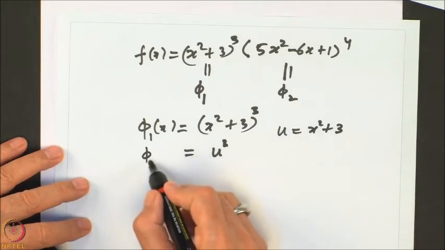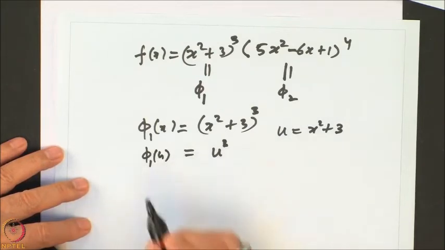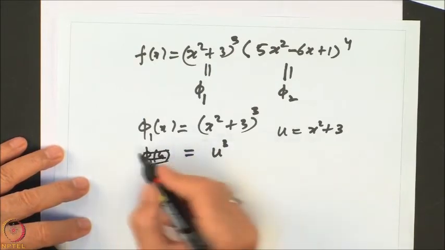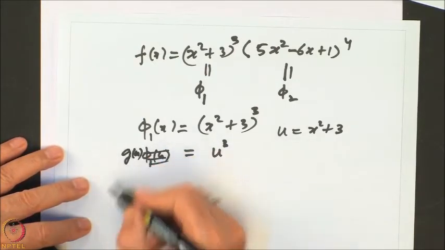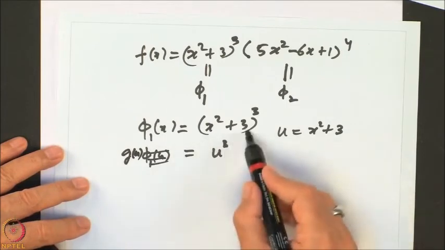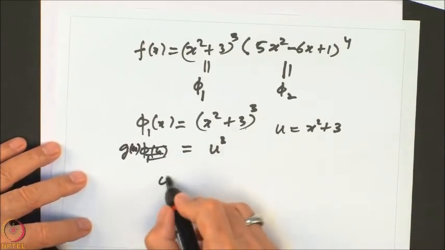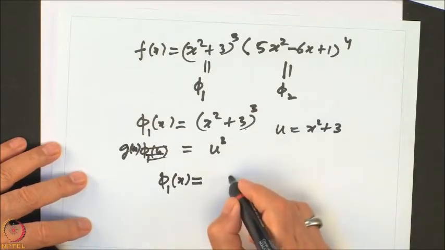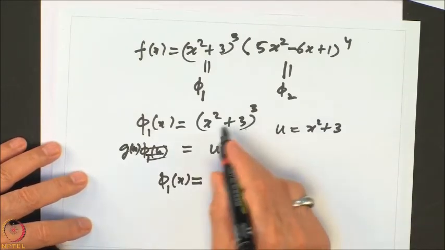You can write phi 1 of u equal to u cube, or g of u equal to u cube.